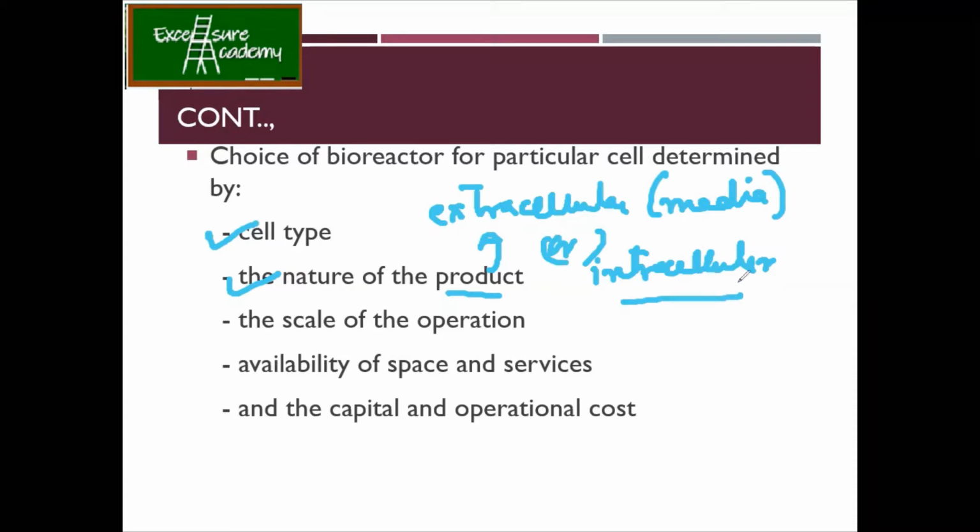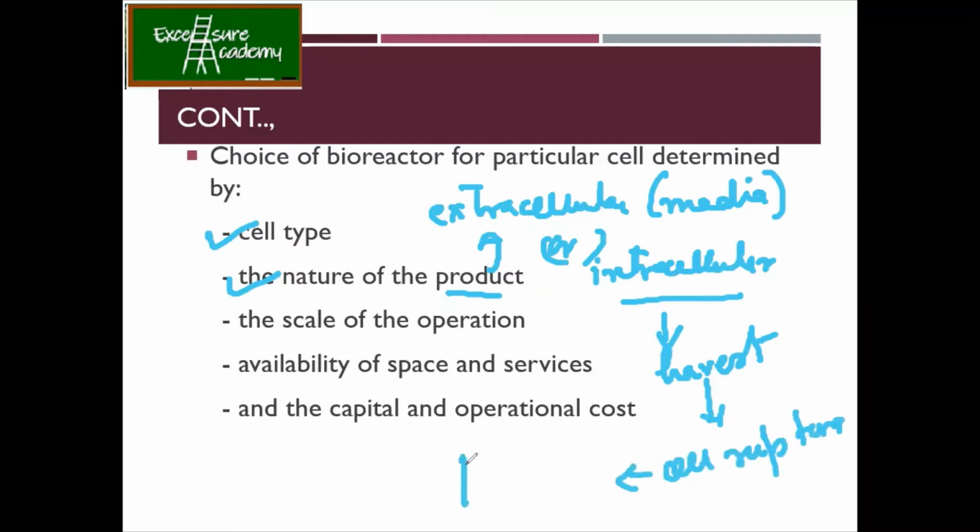Now if it is intracellular, then you need to harvest the cells, correct? If it is a protein, harvest the cells, then cell rupture, and then comes your purification. Are you getting the point? So there are two types of product. It can be released extracellularly or be intracellular.